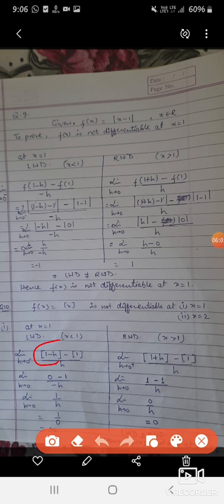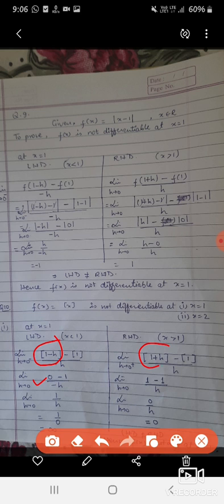Maximum integer of 1 minus h means if any small quantity h you subtract from 1, what will be its maximum integer value? If any small quantity we subtract from 1, it will reach 0. 1 minus h is a small quantity less than 1, so it will become 0.